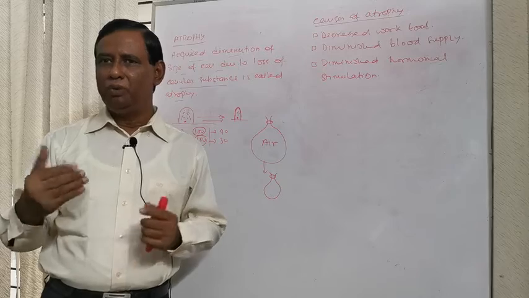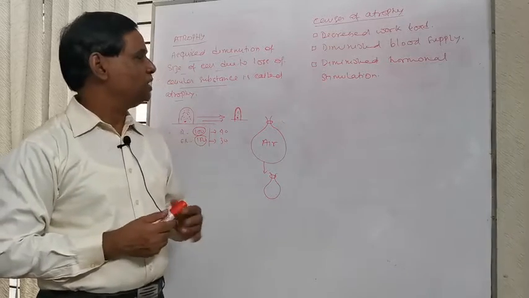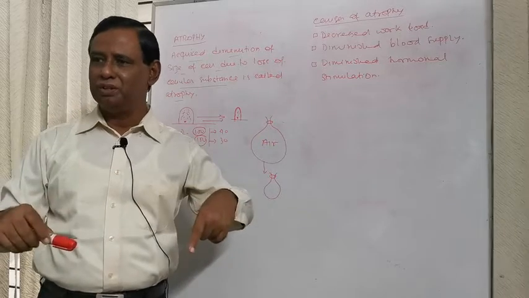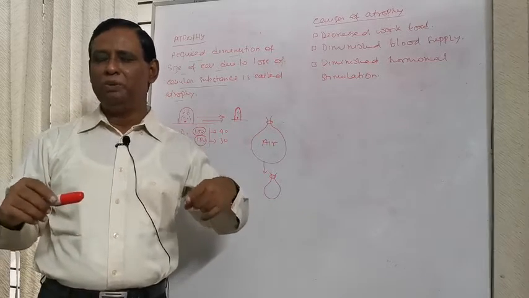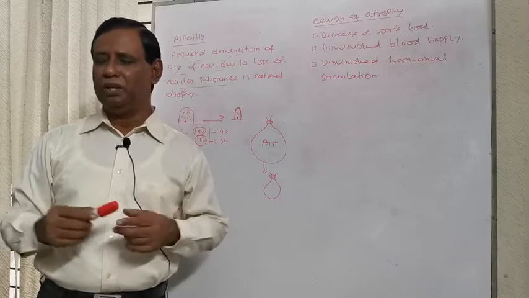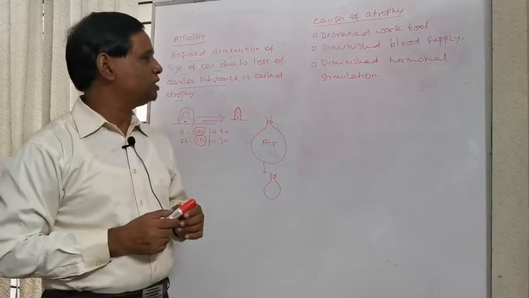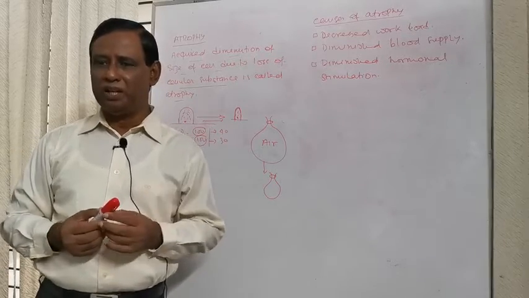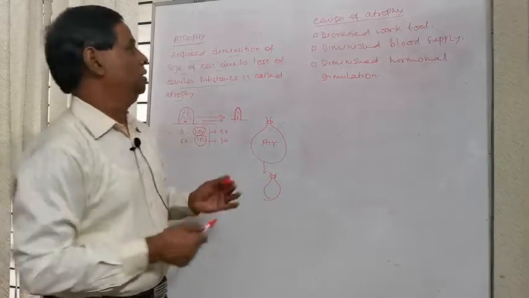Why? In old age or after menopause, the estrogen hormone is diminished. Breast and uterus are hormone dependent organs. They depend on estrogen. As there is diminished estrogen in old age, there is diminished size of the breast and diminished size of the uterus.